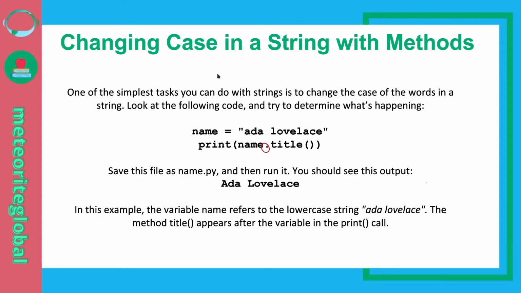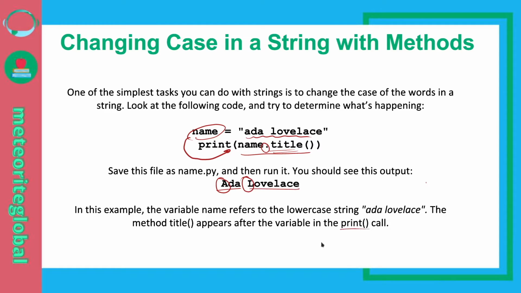If name is Ada Lovelace and I use name.title, think of name as like a cell in Excel. It stores a certain value. Now you're telling Python that this value needs the title function acted on it. Python says, okay, I'll do it. What title does is capitalize the first letters, like Ada and Lovelace.